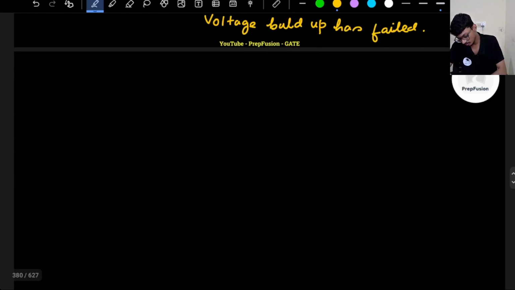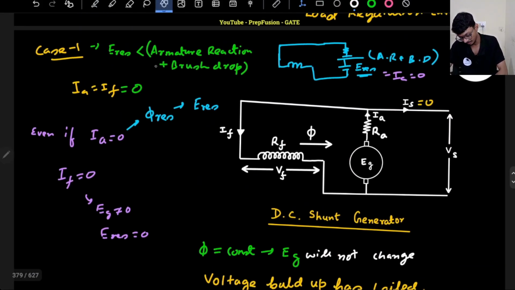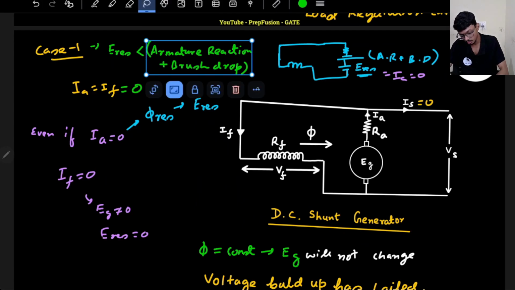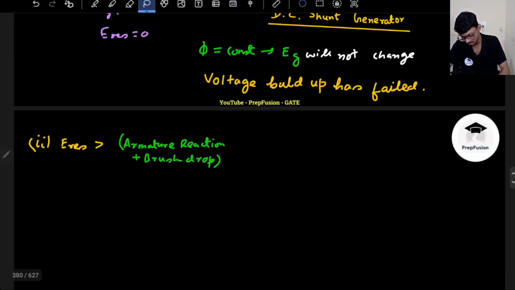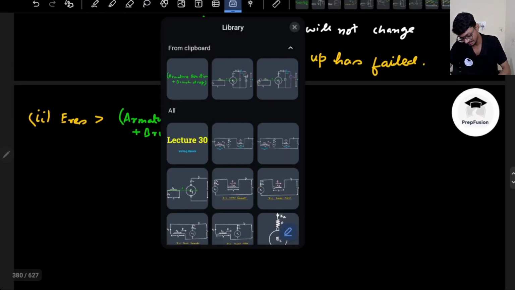In case 2, I will assume that whatever residual voltage we generate is greater than the armature drop and the brush drop, so that there will be some current flow. If it is more than the drop, what will happen?